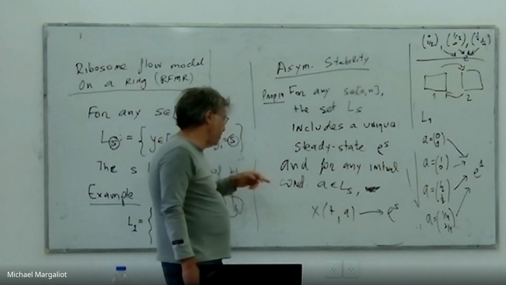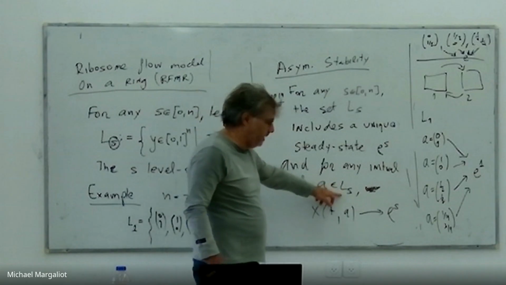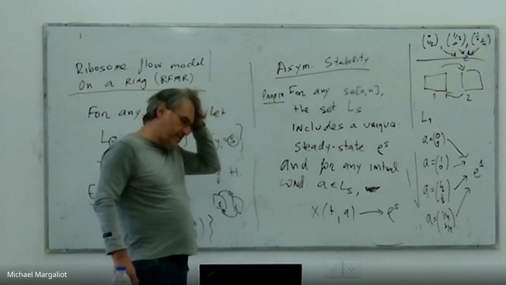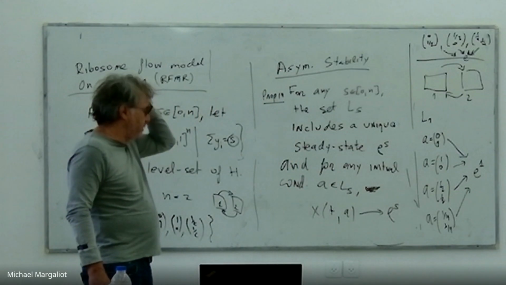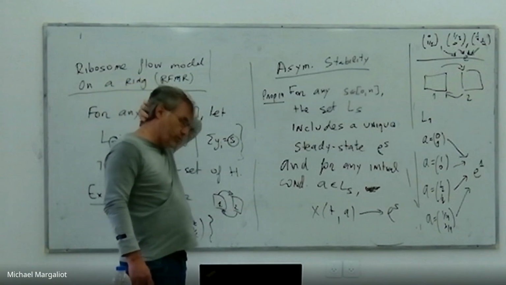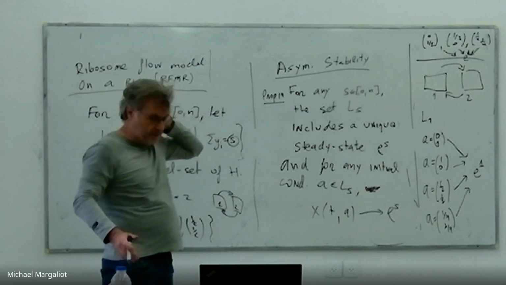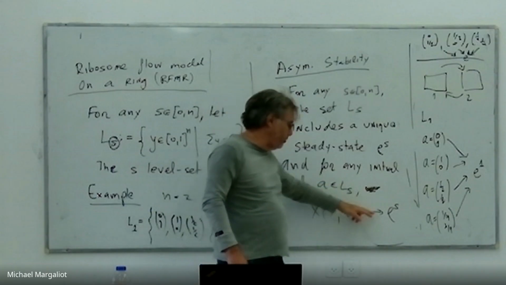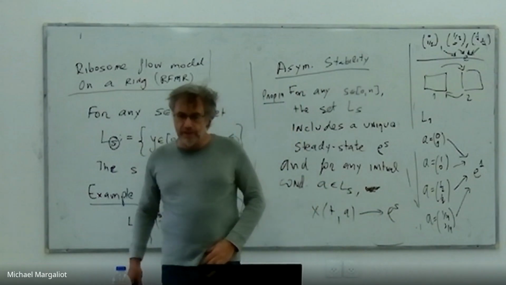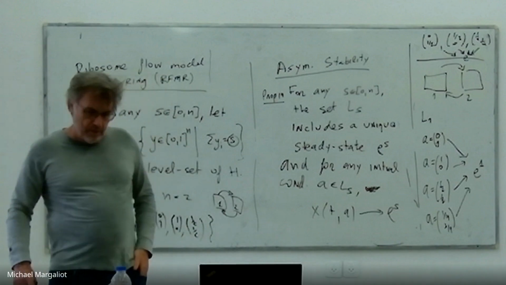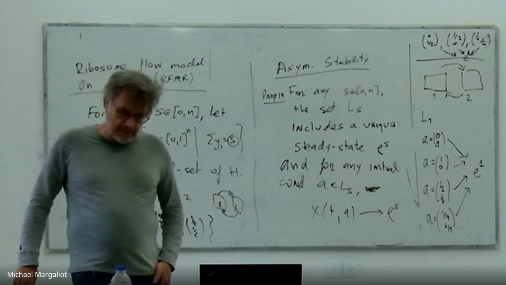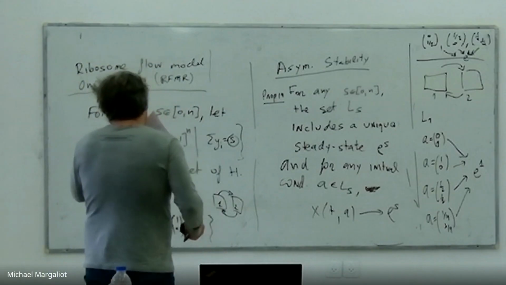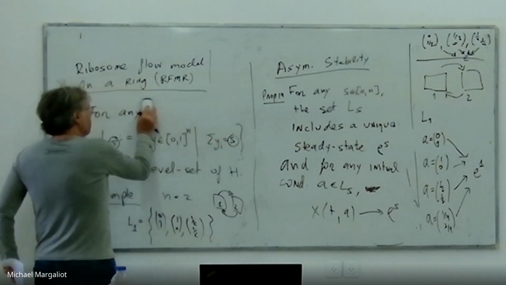Take some initial condition, it belongs to some LS. Any initial condition that you give me, you just sum up the total density, you get the sum S, and then you belong to some LS. From this configuration and from any other configuration in LS, you will converge to this unique equilibrium in LS, which we denoted by ES.